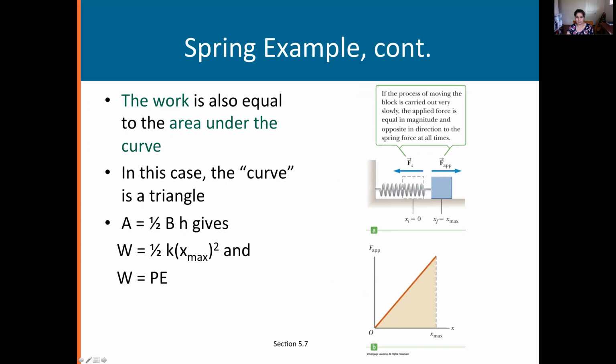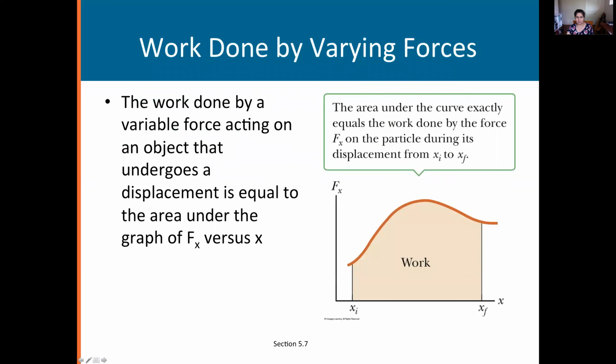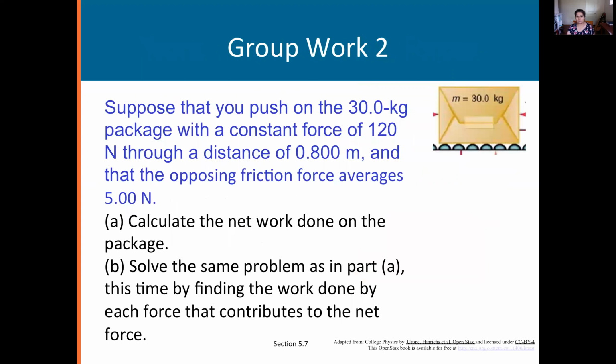Okay, half base into height, we've done all this. Now, you may have a varying force which over this initial position to this final position varies like this, okay? Then also the area under this curve, which is shaded, is going to give you the work done, okay? But it's harder to calculate because the force is not constant here.